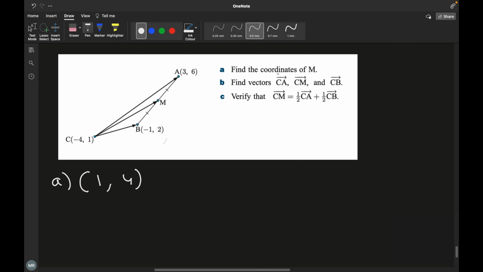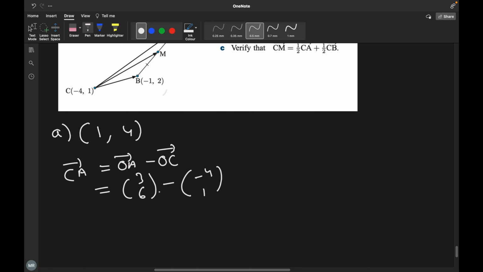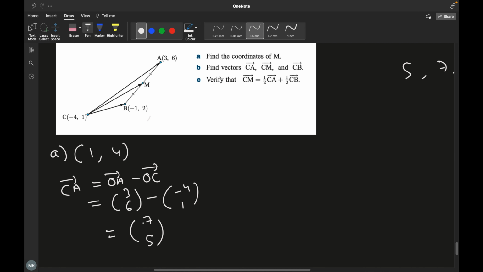And then we have to find the vector CA. CA is OA minus OC. We know that OA is 3, 6, and then OC is -4, 1. This is going to be 7, 5. So CA is 7, 5, so 7i plus 5j.